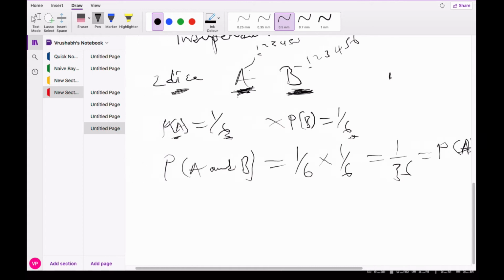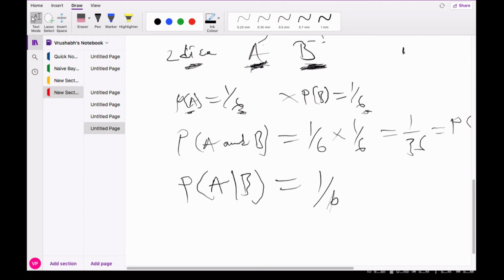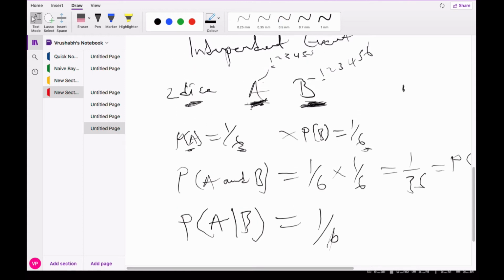So if I ask for the probability of A given that B has already been tossed, this is still going to give me 1/6, because there are 2 different dice, and an event happening on one has nothing to do with an event happening on the other.